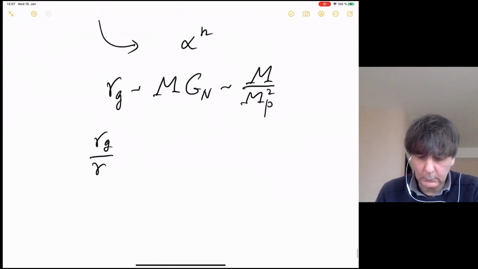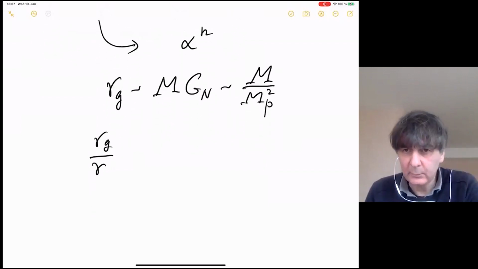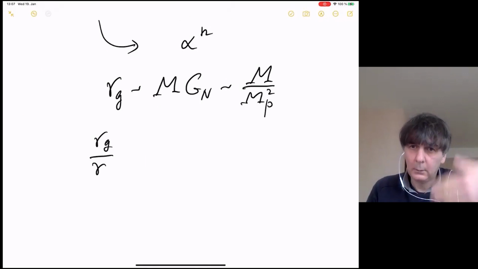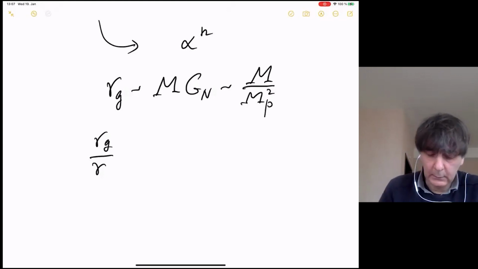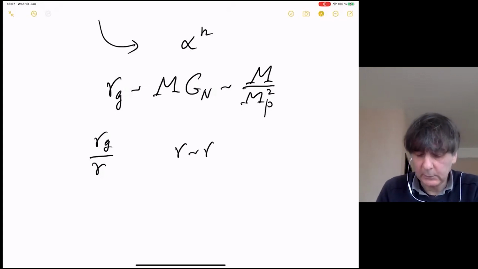And so we can already anticipate that linear theory stops being a good description once the distance from the source approaches the gravitational radius of the source.